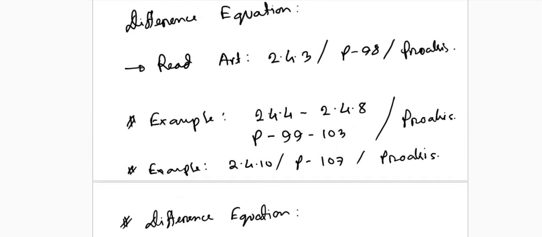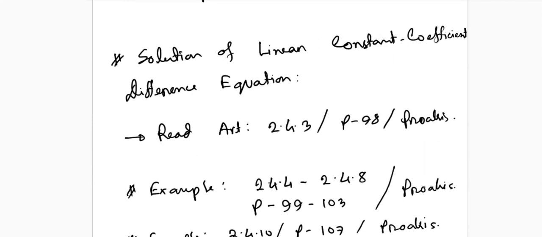What is the motivation to do this kind of exercise, like the solution of a linear constant coefficient difference equation? Why do we need the solution? Because if you have the system response, you have the equation. From that equation, it is always convenient for us as engineers to represent it with a mathematical expression and try to understand what the output would be for different cases.